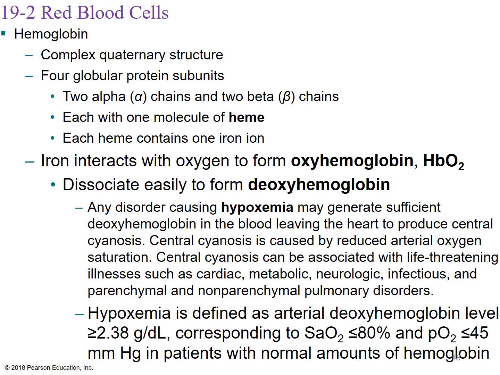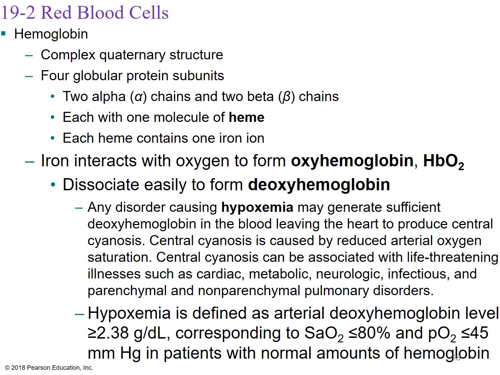Okay, so any disorder that would cause hypoxemia can generate sufficient deoxyhemoglobin in the blood, leaving the heart to produce central cyanosis. Central cyanosis is going to be caused by reduced arterial oxygen saturation. Not enough oxygen within the blood.